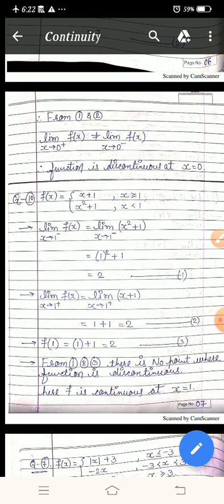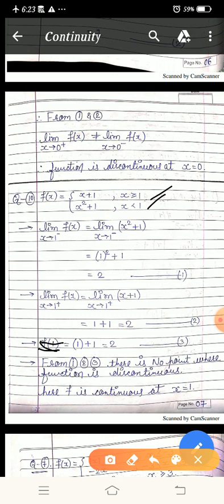And the third step is we need to find the value of the function at the given point. So here the point is x equals 1. So the value of the function at point 1, x equals 1. So the function we need to take is x plus 1. So x plus 1, that means 1 plus 1 equals 2.